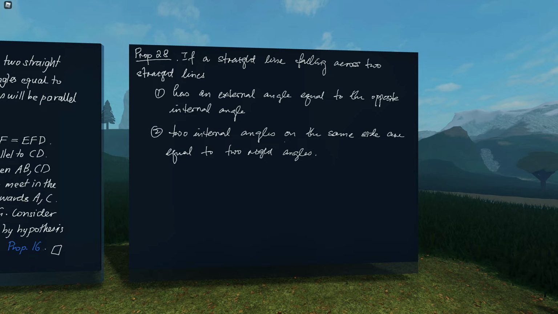All right, so these are two conditions. If either of these are true, then the two straight lines are parallel.